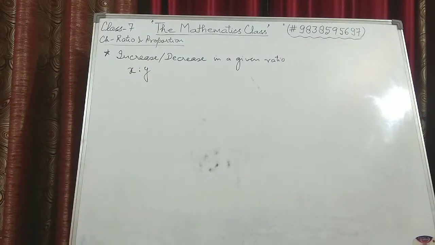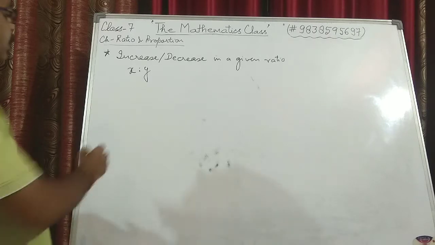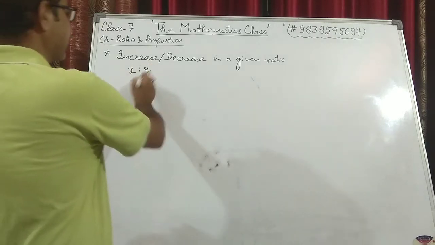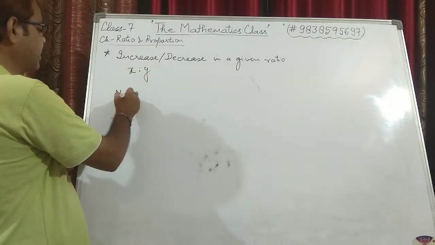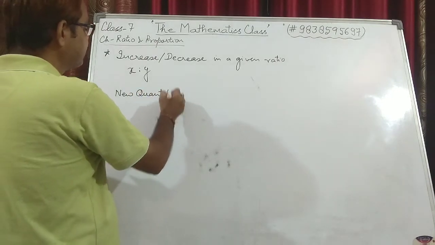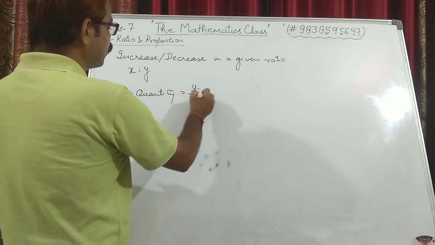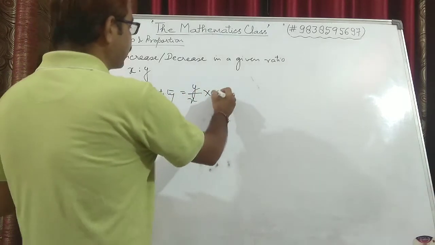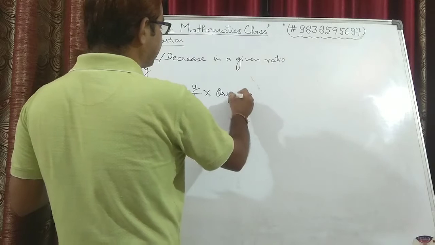If a quantity increases or decreases in the ratio of x is to y, then the new quantity becomes y upon x multiplied by the original quantity.